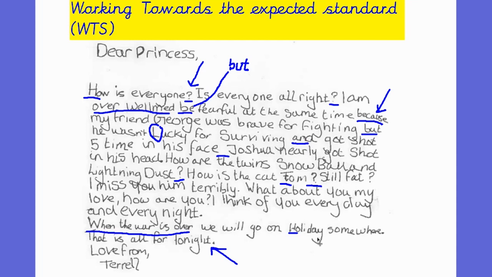So really, when you're looking at working towards, that's the kind of standard you're looking for. And if you feel at any point that you're being kicked out of the writing for some reason as a reader, something just doesn't sound quite right, that's a good indication that what you're looking at is a working towards piece. Okay, so let's move on.